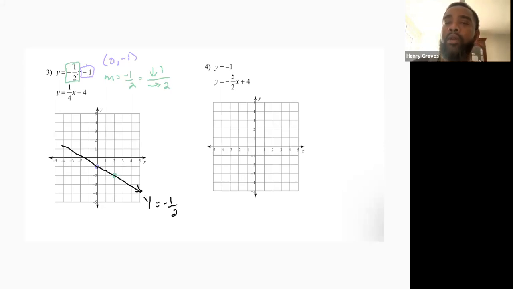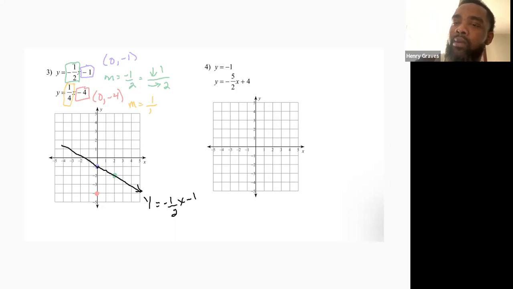Then I'm going to graph this other one here, -4, all the way down there. That's going to be my y-intercept. My slope m is 1/4. That means I have to go up 1 and right 4.